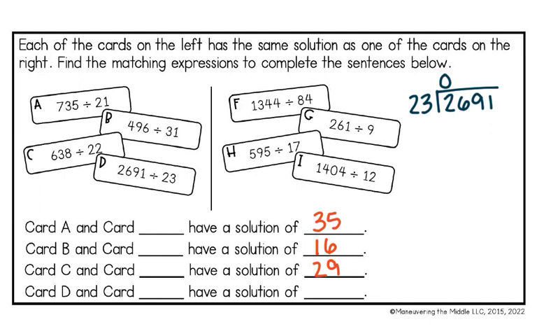23 can go into 26 one time. 1 times 23 is 23. Subtract, 6 minus 3 is 3. 2 minus 2 is 0.